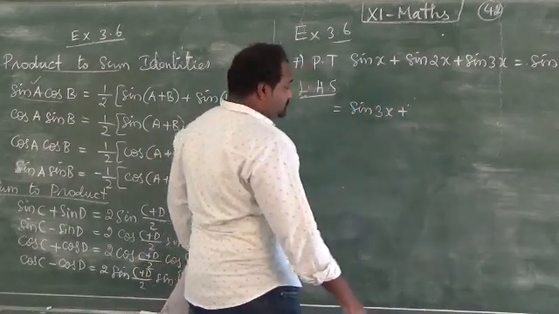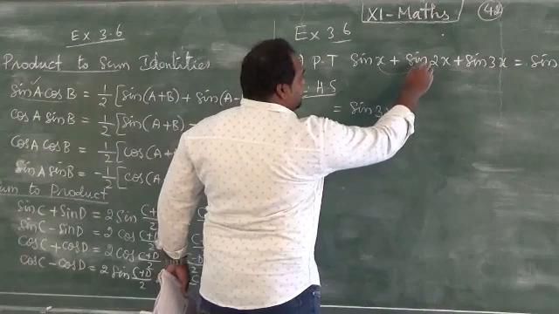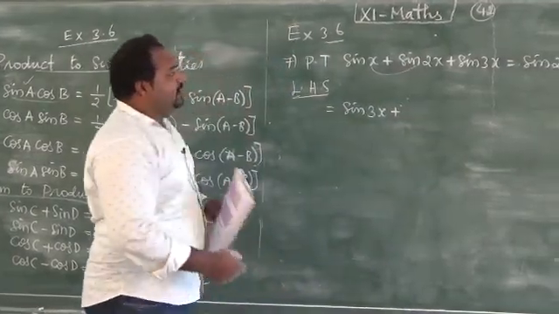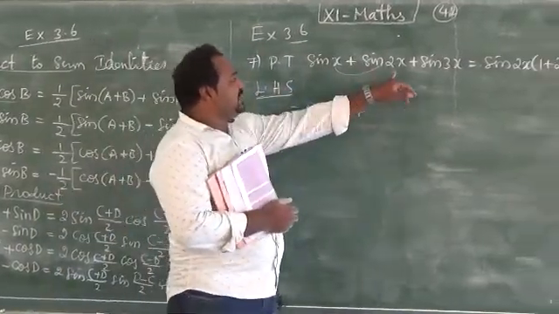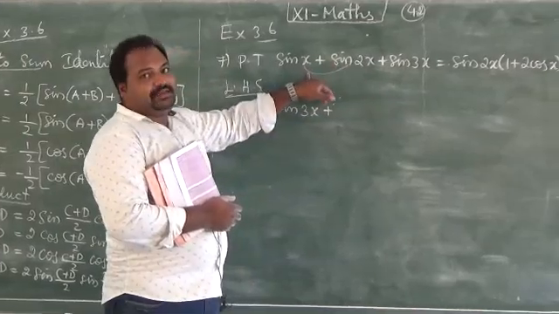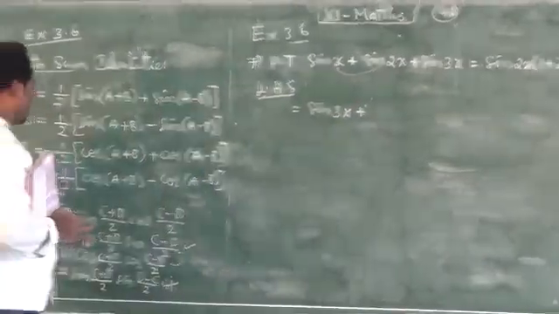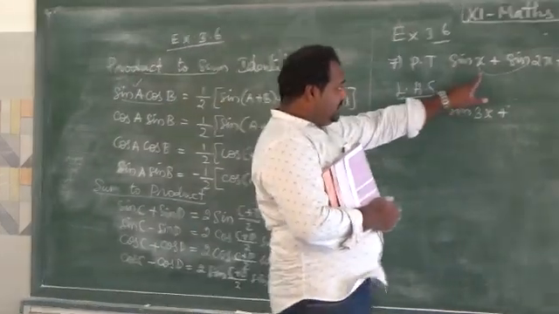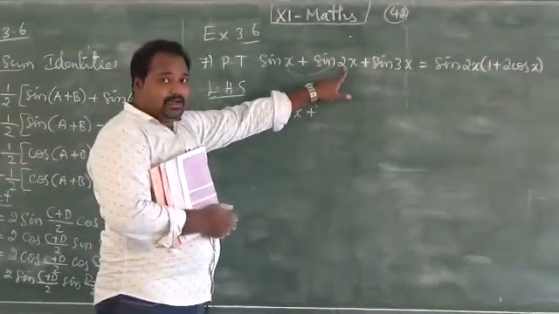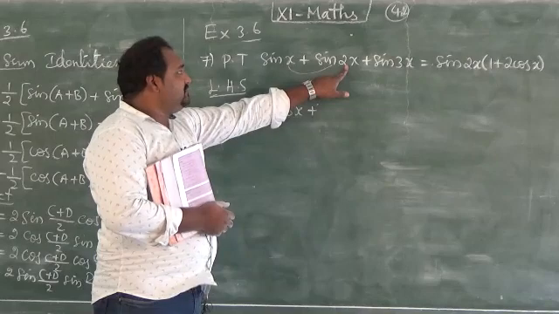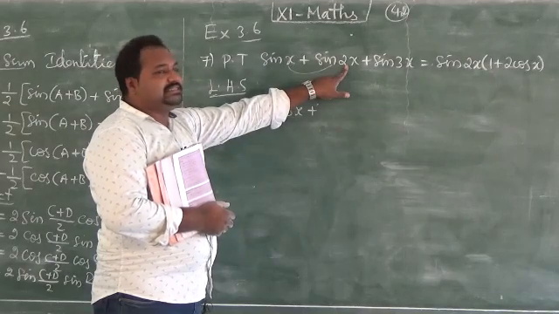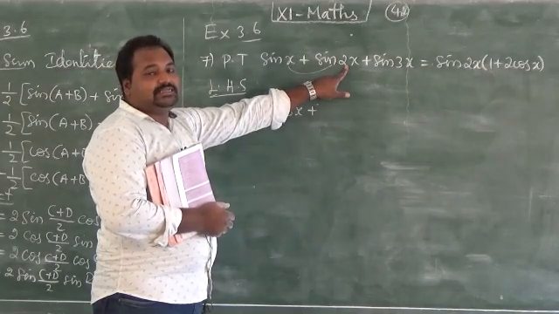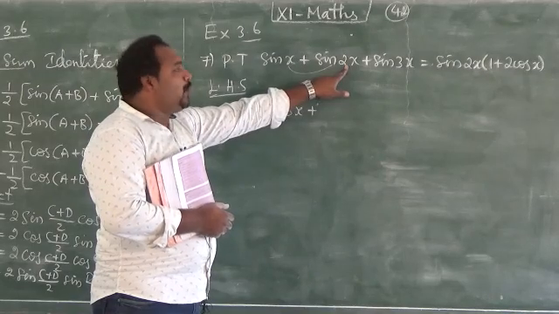Second one, when you use the sin C plus sin D formula, 2 sin (C plus D) by 2, if you take C as x, D as 2x, x plus 2x, 3x by 2, it is fraction mode. So avoid that fraction.